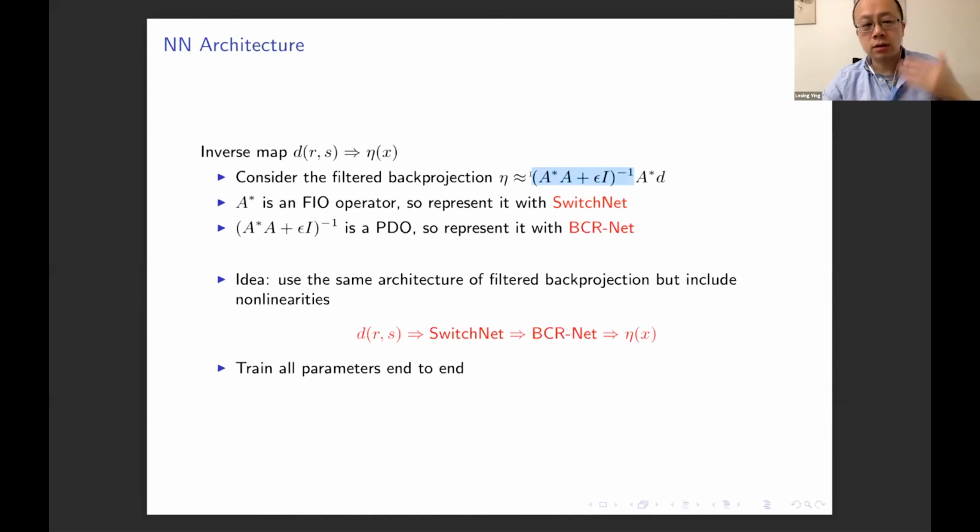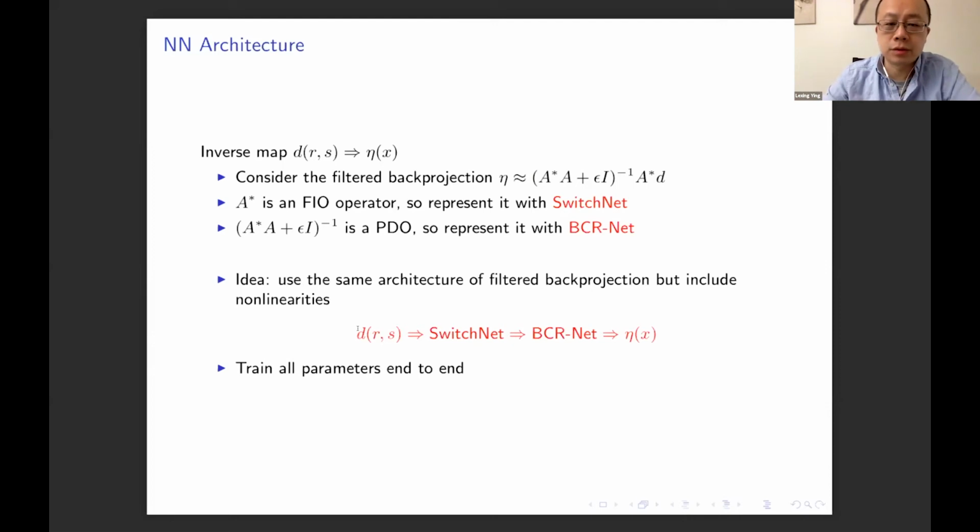We can show that in this setting, the normal operator itself is a pseudo-differential operator, and under reasonable assumptions, the inverse of a pseudo-differential operator is also a pseudo-differential operator. So the second operator can be represented by a BCR net, because BCR net is designed to represent pseudo-differential operators.